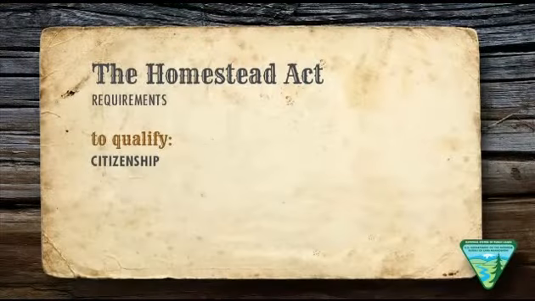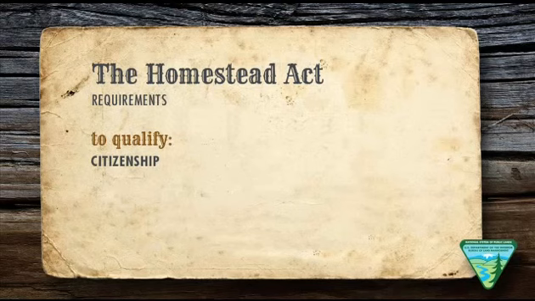You had to be a citizen or have the intention to become a citizen, which was quite remarkable. What that meant was that immigrants could file for homesteads, and as long as they filed a declaration that they were intending to become citizens, they could get the land.